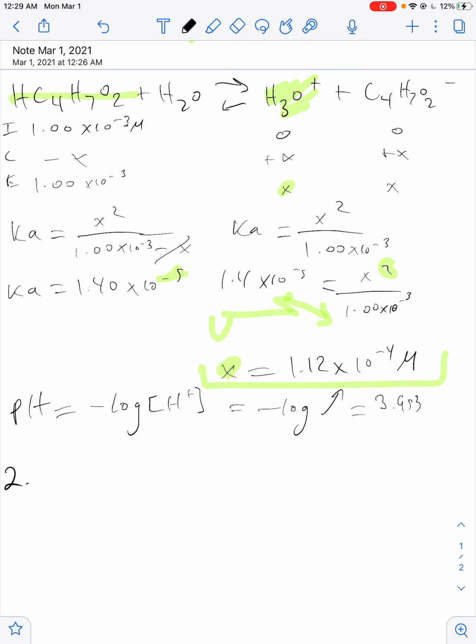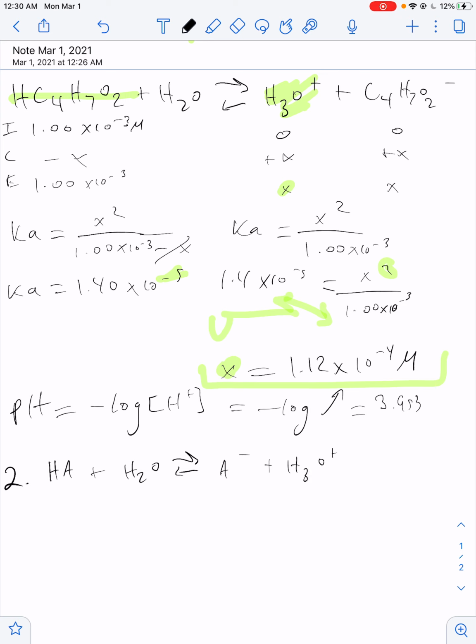Question 2. An aqueous solution of monoprotic acid. It's asking for the molarity of the solution, HA plus A minus. So we have HA plus water goes to A minus plus H3O plus.